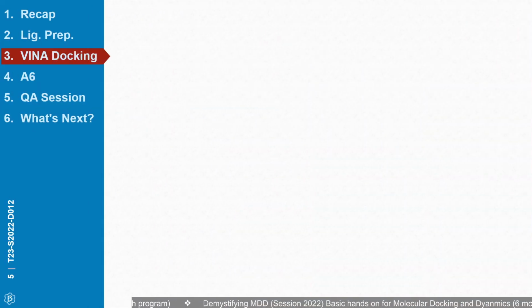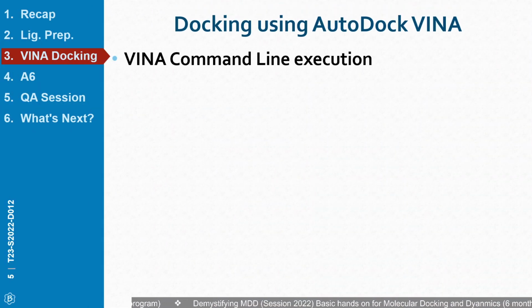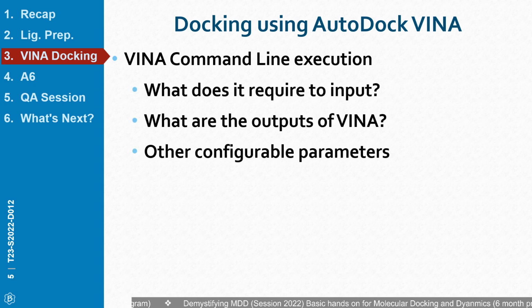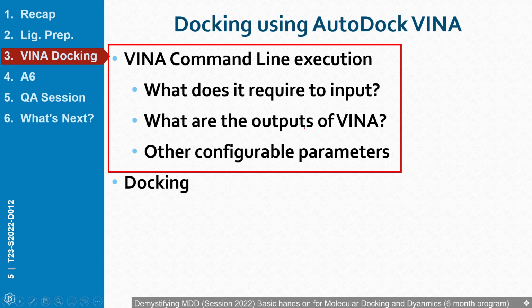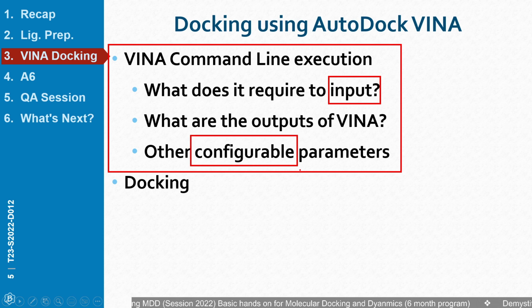Next we are going to perform the docking. Before performing the docking, let me explain a few things to you. First, we are going to use the Vina command line, and it will require input, and then it will require some configurations, meaning there will be some default values, and we can override them, and those values will be called configurable values.